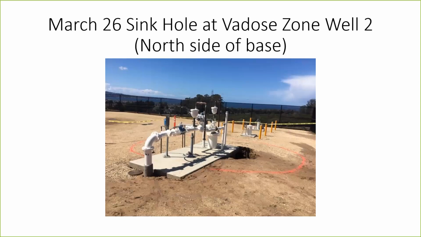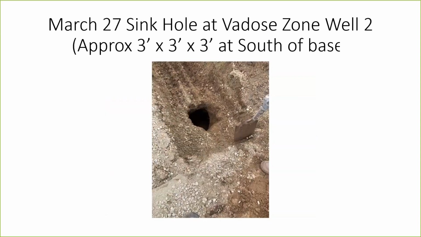If you go to the next slide, slide 3, on March 27th, they began that backfill work, and the picture of the hole you see is on the south side, the opposite side of the pad from the first photos. When they removed the Class 2 base, they discovered a little 3x3x3 cavern, and that was the extent of the failure on that side.